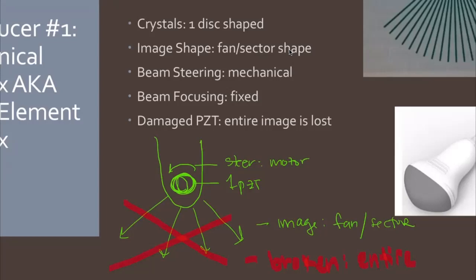I focused on spending 30 minutes on one transducer. Then I'm going to spend the next 30 minutes with my second transducer, but I would review the first and the second. And then I would spend another 30 minutes with my third transducer, but then I would review my first, my second, and my third.